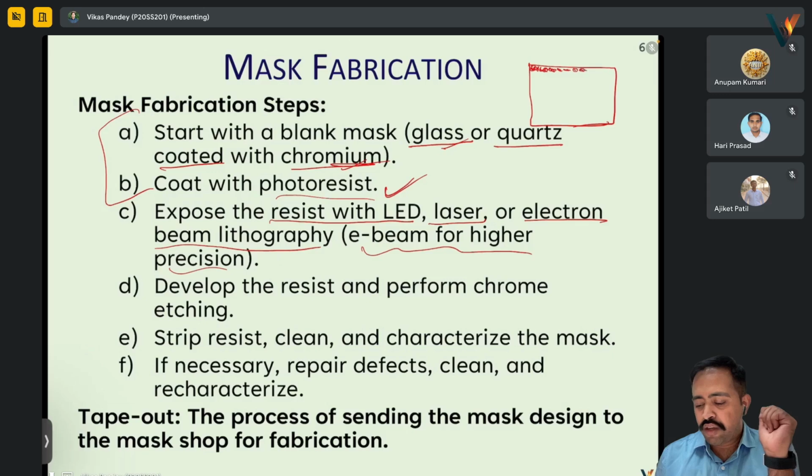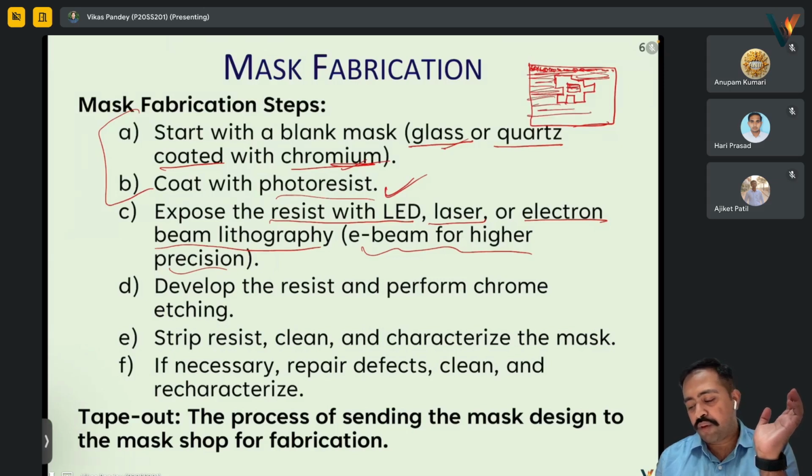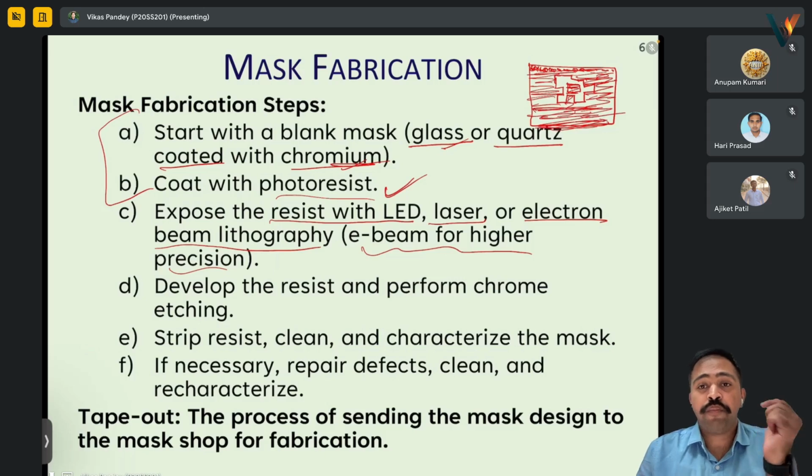Suppose it has to make something like this, so it will just leave this part and expose all other parts point by point. So this is software controlled, and if you see this process, it will be very slow and sequential.